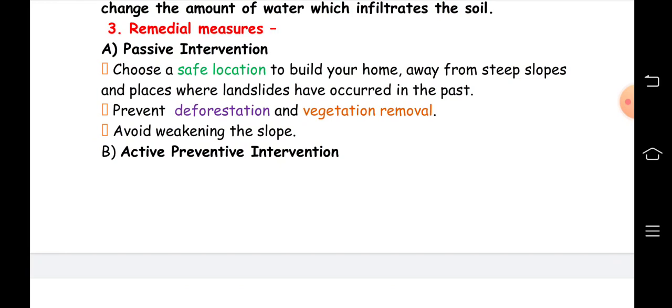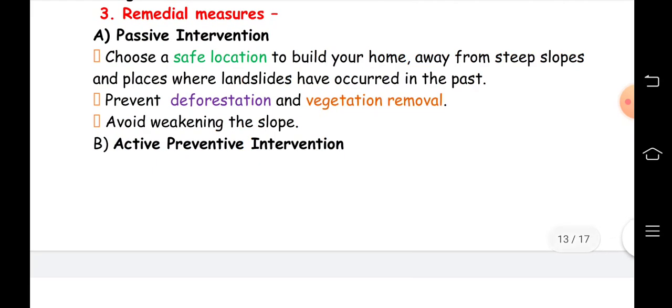So you must avoid the steep slopes. Check whether there have been past landslides in that area.